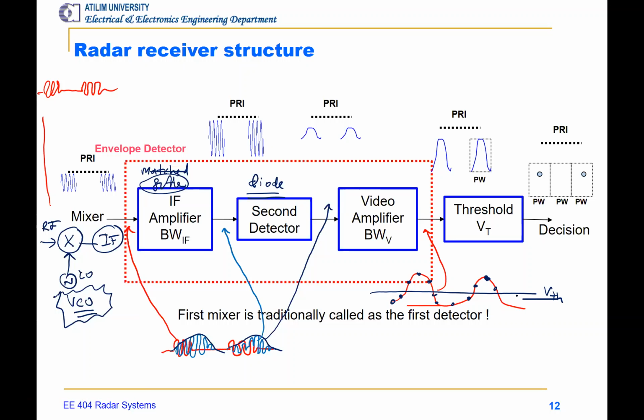If it exceeds the threshold, we declare that there is an echo signal. If it does not exceed the threshold, we declare that it's noise. Now, what we are dealing with here is what happens if there is strong noise at the input, or a clutter from the environment, not an echo signal from a target, but a clutter signal or strong noise, which may cause a false alarm.